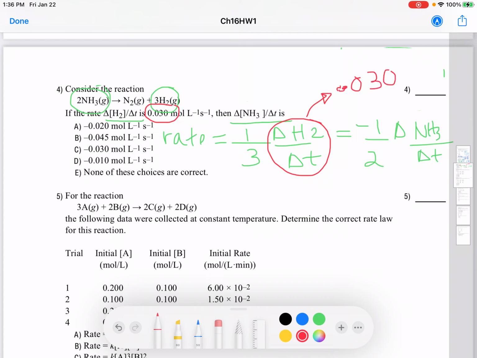So what we want to find out is the concentration of ammonia over delta T.